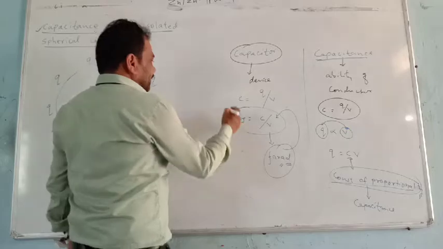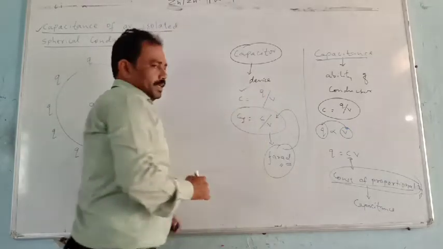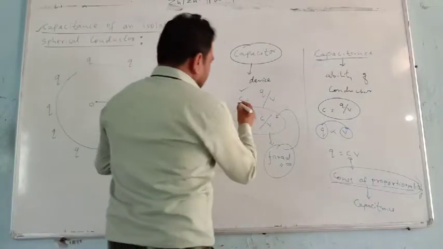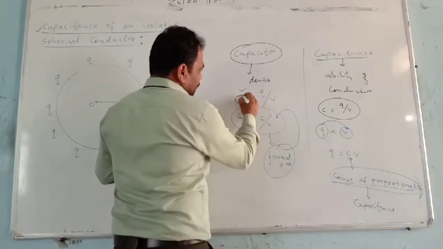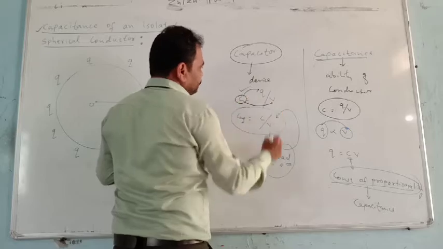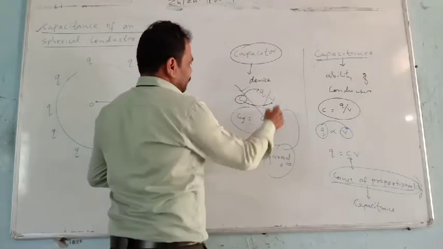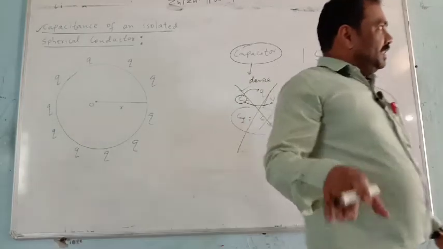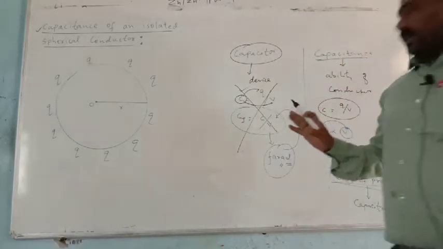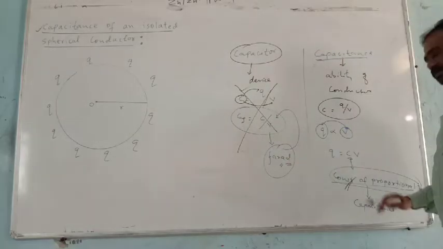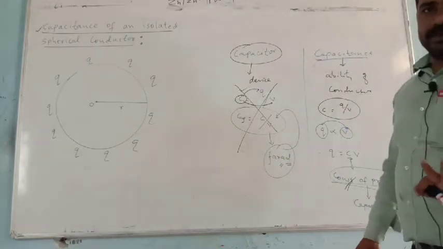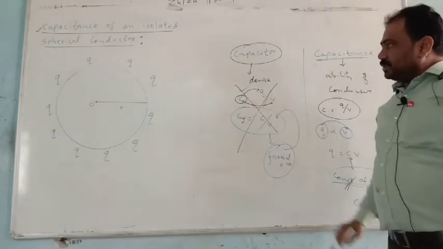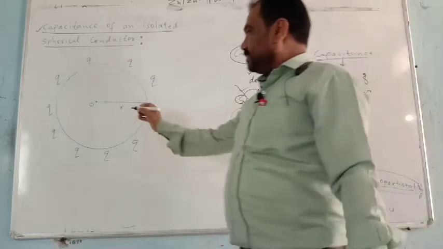But if we write like this, that is C is equal to Q by V, some students get confused, because they conclude that the capacitance depends on these two quantities, that is Q and V, but it is not possible. Why is it not possible? Because here C is totally constant, and we know the meaning of constant. Constant means it does not change at any cost. So we can say that capacitance totally depends on the radius.